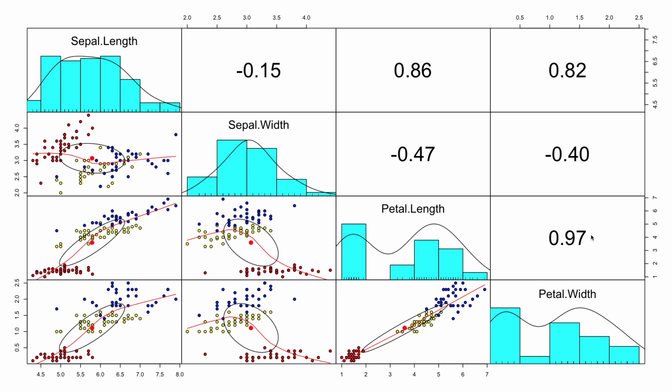In this case it is 0.97. You can see that these 2 variables are positively correlated and the correlation is quite high, very close to +1. On the other hand, we see the lowest value, which is almost close to 0, is here. So between sepal width and sepal length, the correlation seems to be very low.